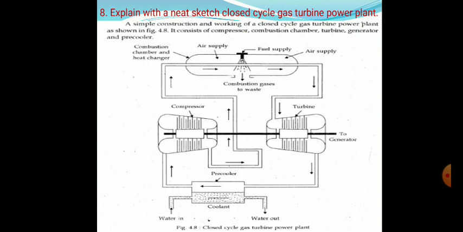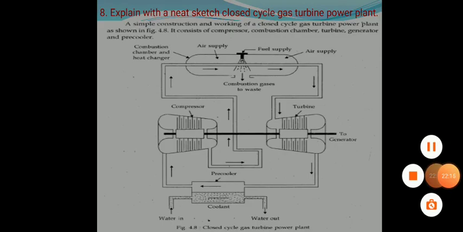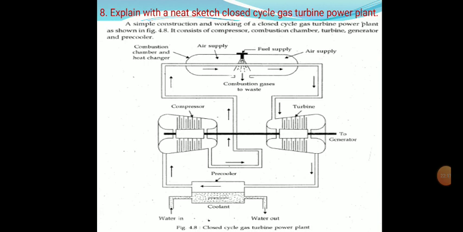Next question. Explain with a neat sketch the closed cycle gas turbine power plant. A simple construction and working of the closed cycle gas turbine power plant is shown in the figure. It consists of compressor, combustion chamber, turbine, generator and pre-cooler. So here it is closed.